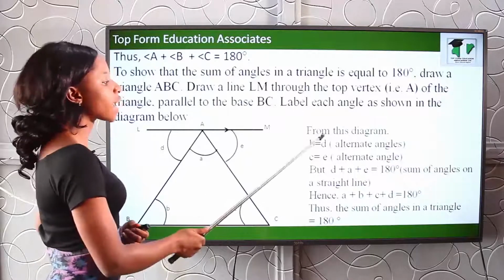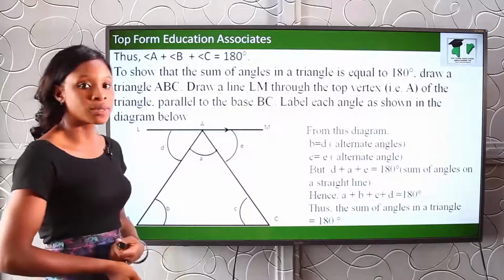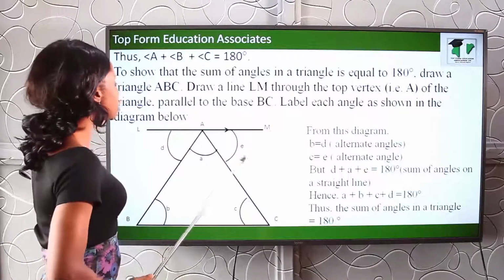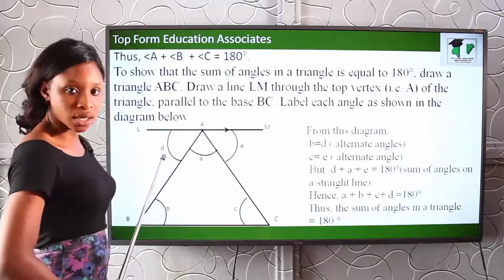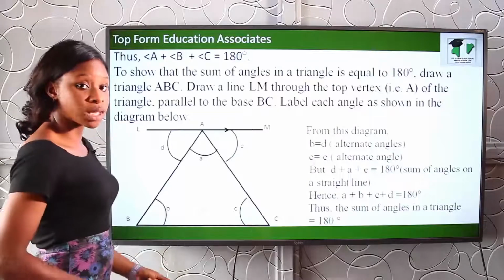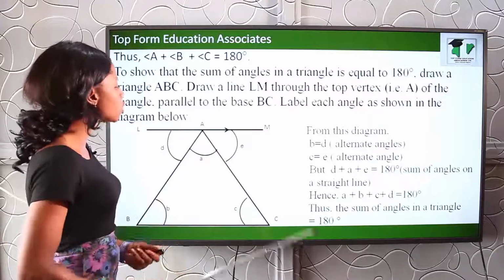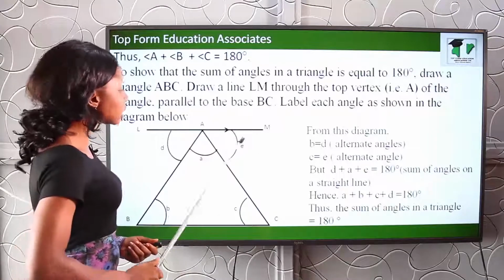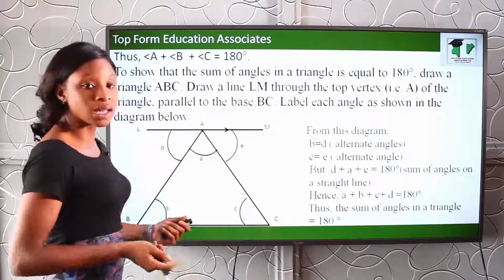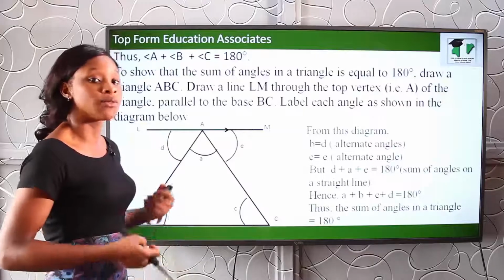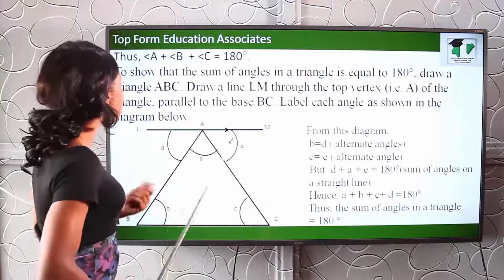Okay, now from this diagram, we're going to be drawing some observations. Now, if you look at this diagram, you will see that B and D are alternate to each other. Remember what we said about alternate angles. Now, if you look carefully, you also see that C and E are also alternate to each other. Now, alternate angles are equal. That is what we've been learning in the past lesson.